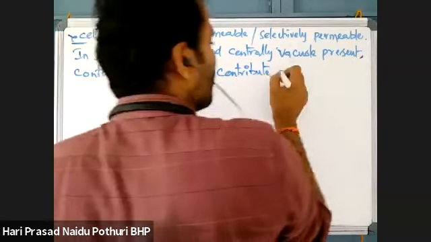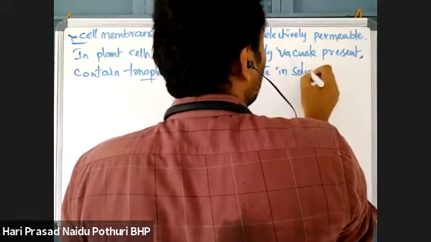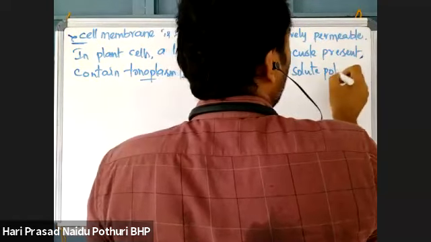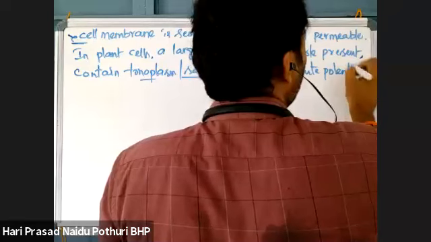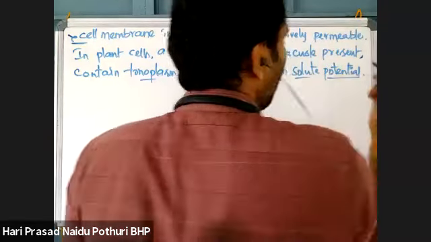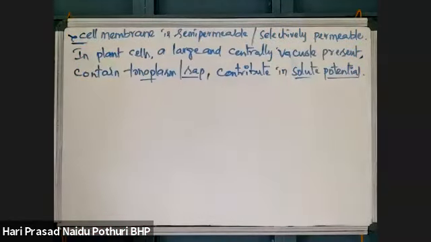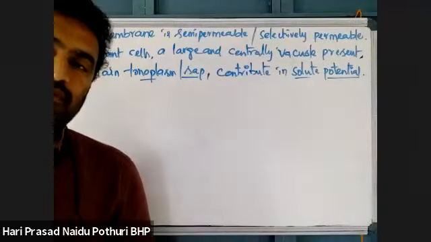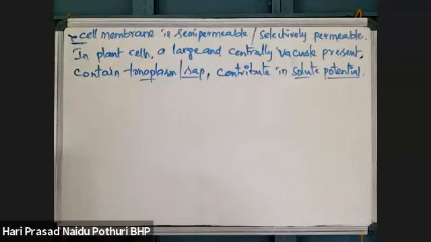That means it plays an important role in solute potential. The solute potential of a cell depends on the tonoplasm or sap of the vacuole. Inside a vacuole, if water is more, then solute concentration will be less and solute potential will be less.